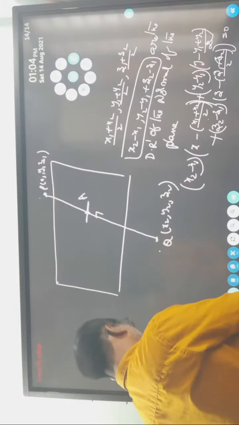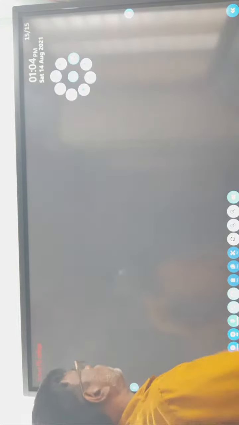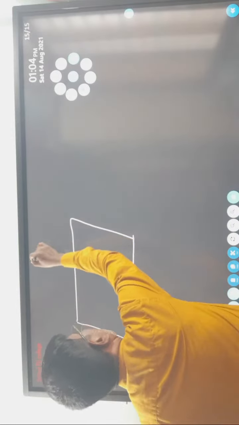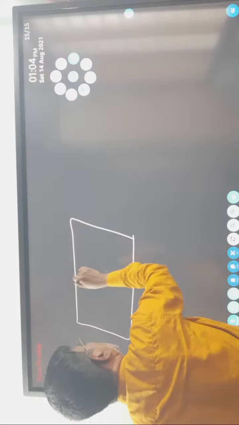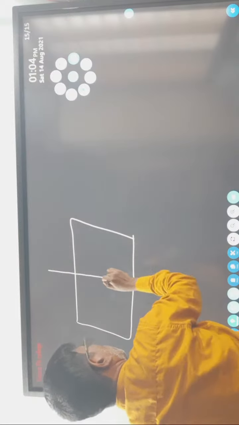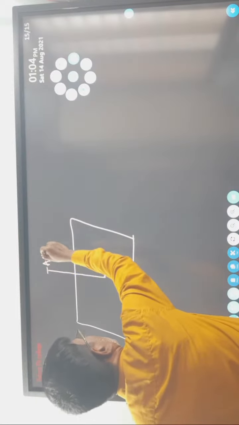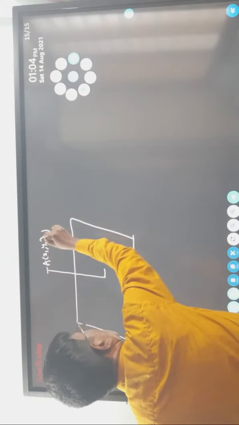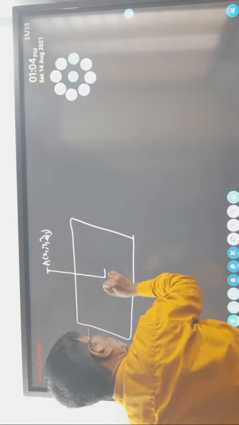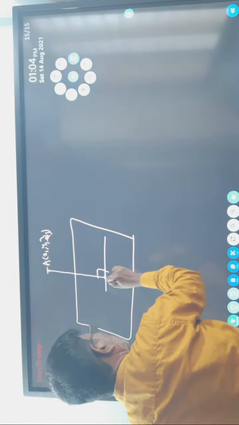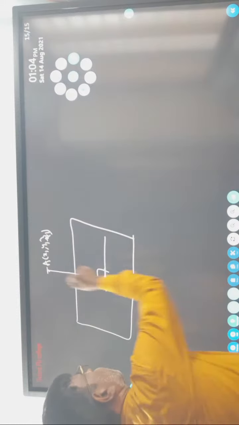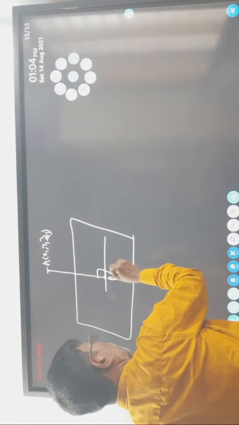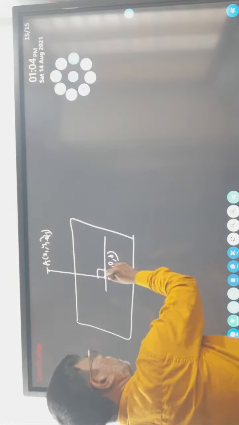Suppose the concept is given like this also. Suppose a plane is given, and a point A (x1, y1, z1) is given to you. A perpendicular is drawn from A to the plane, and it touches at P. Now how can we find the equation of the plane? Suppose the origin is given, so P lies on our plane.